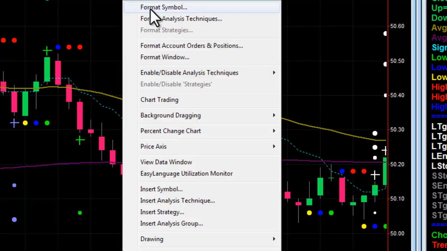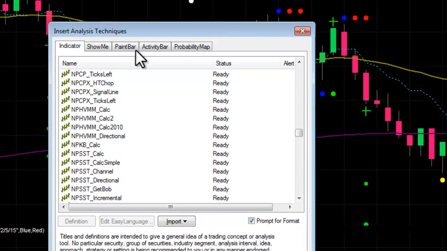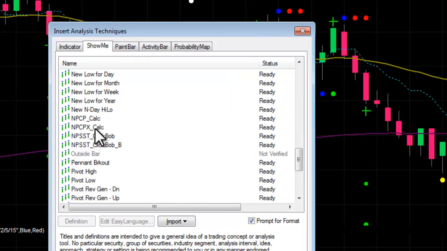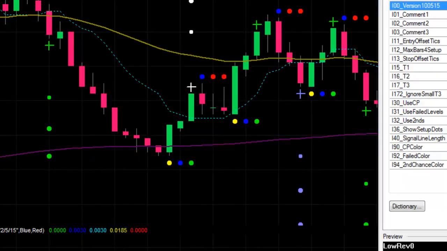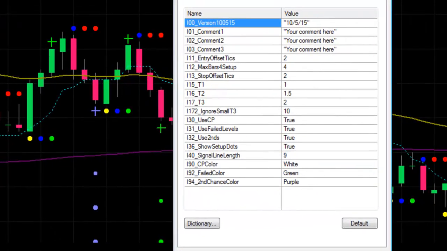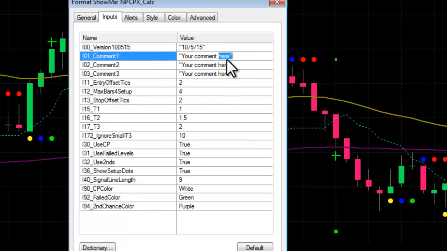Then we can go ahead and insert another calculator. Let's do that. Show me inserts NP CPX calc. And now we have a whole new calc. Let's call it green simple.